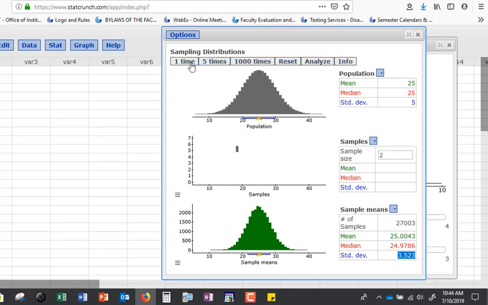When you're taking these samples from the population, the majority of your data is in the center, so it makes sense that you're not going to pick lots of values on the ends. They're typically going to be in the middle, so the majority of your sample means are also going to be in the middle. Let's see what happens when we have a large sample size.